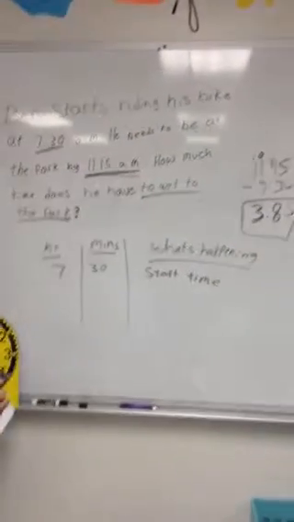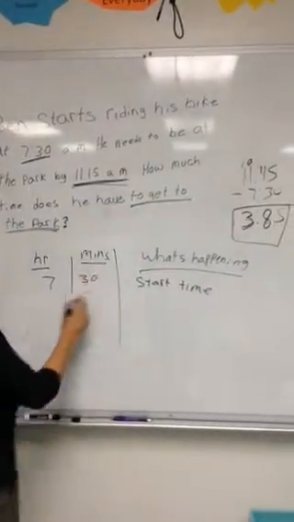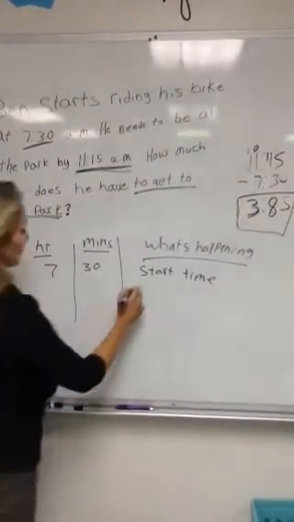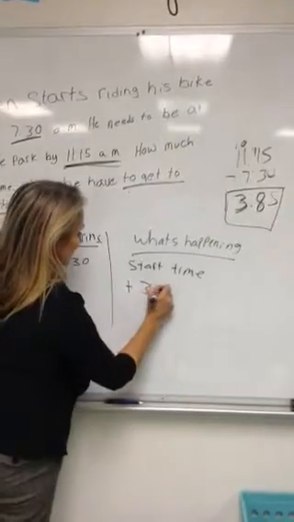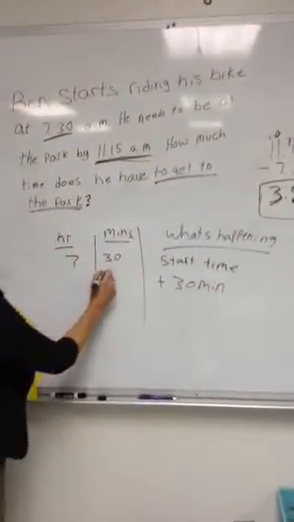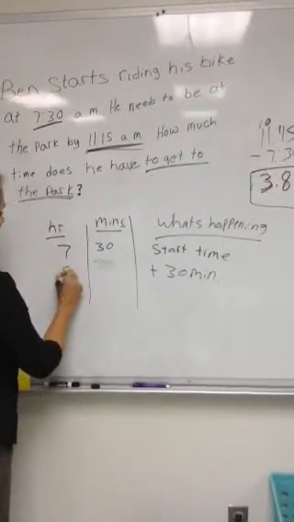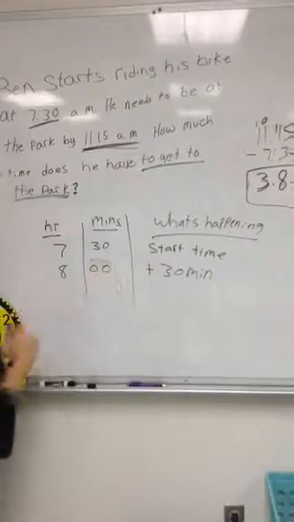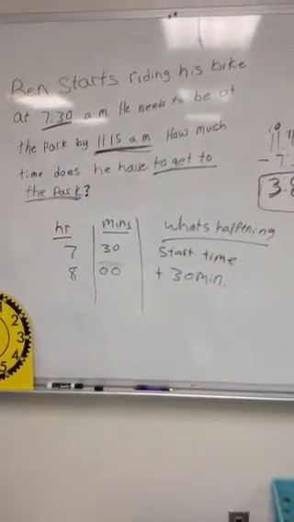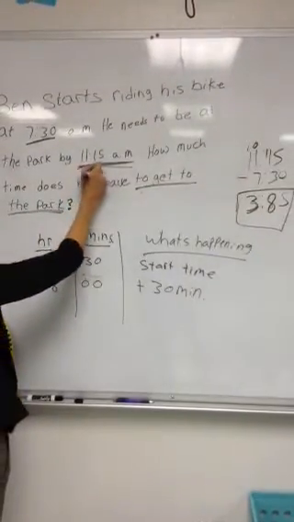All right. So we want to get to the next hour, and we'll do that by adding 30 minutes. So when we add 30, we get 8 o'clock. And what we're trying to get to is the 11:15.